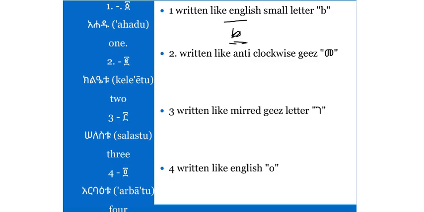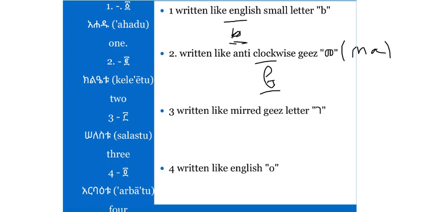Number 2 is written like the anti-clockwise GES alphabet ما. This anti-clockwise ما, GES alphabet ما, is number 2.